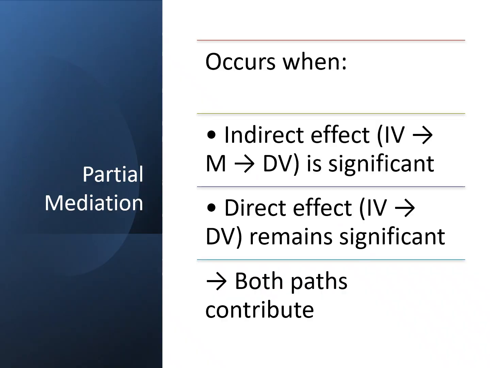Direct effect means IV and DV. This hypothesis is significant, and also your specific indirect effect, I mean mediation path, is significant, then we can call it a partial mediation. I mean both paths contribute to the dependent variable, right?